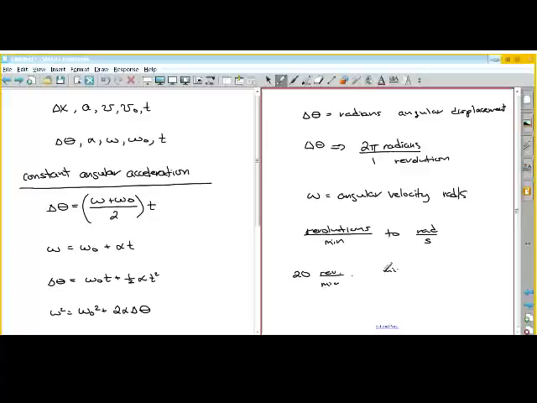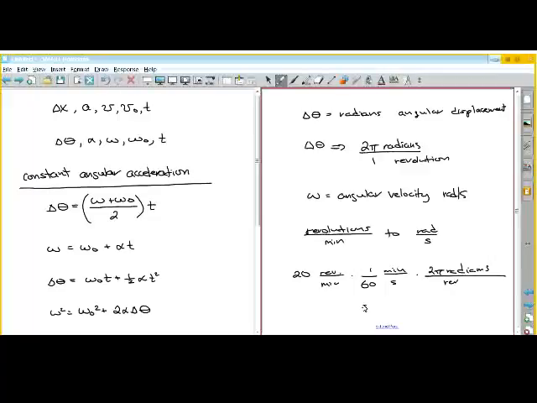So you have 60 seconds per minute, and you have 2 pi radians per revolution. I used that earlier.